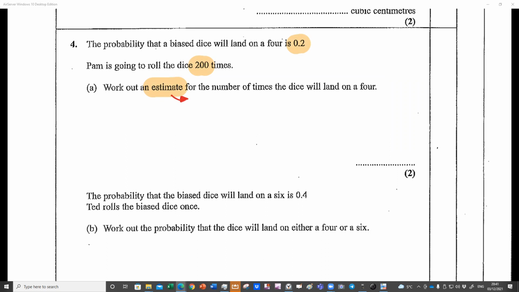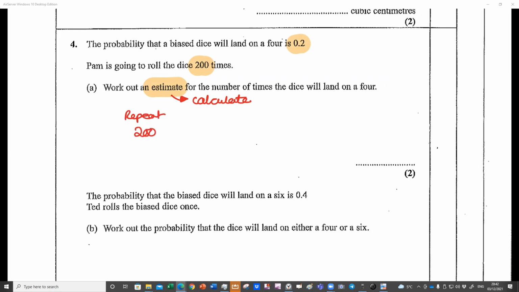They want you to like round it. Okay, in this particular context, they actually want you to do a calculation. So an estimate is actually assumed by the nature of the calculation. How many times did you repeat the experiment? The experiment was repeated how many times? 200.